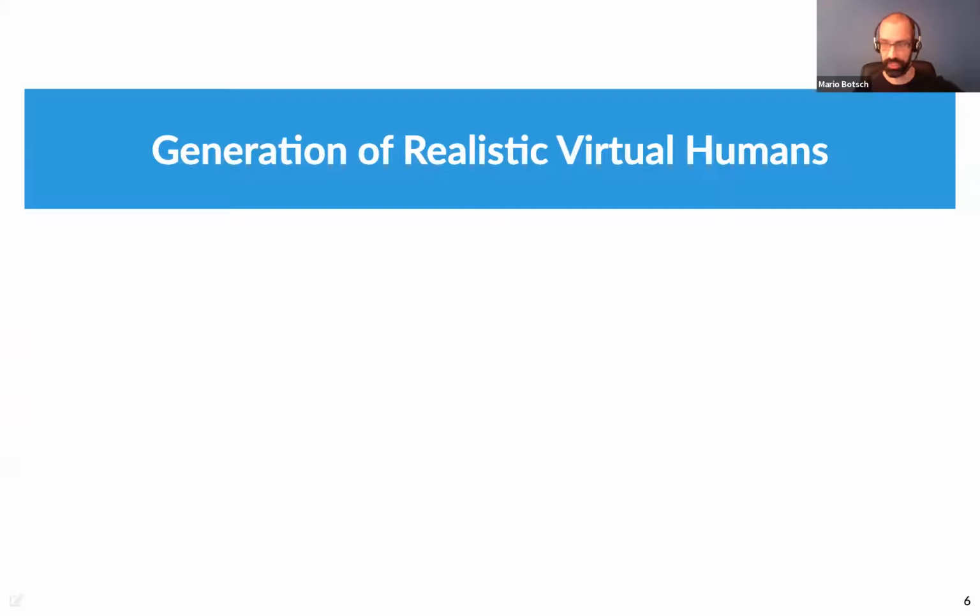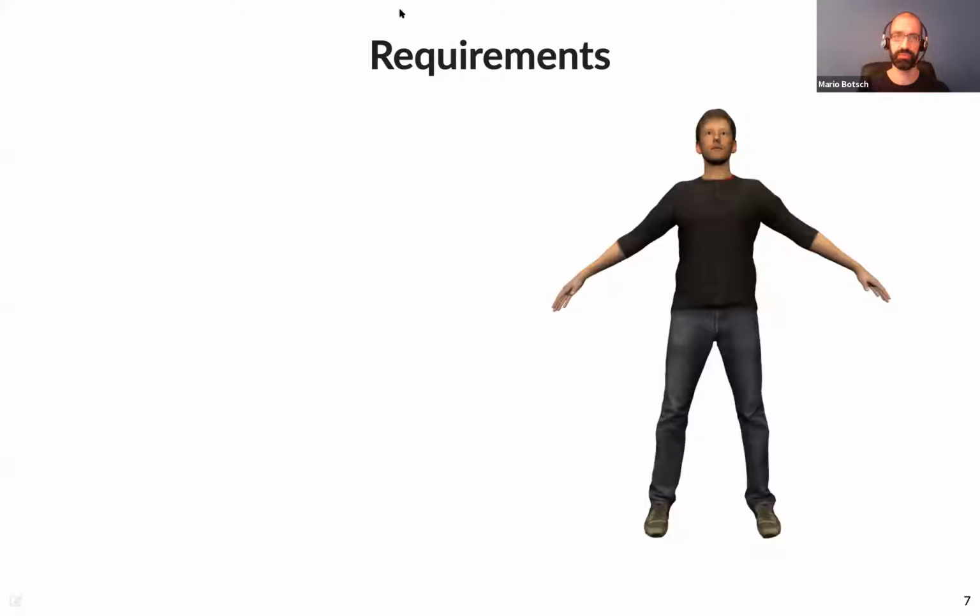So how do we generate the avatars? Let me start with that. For the realistic virtual humans, we have a set of requirements that we want to meet. First of all, they should be realistic, as the name implies.